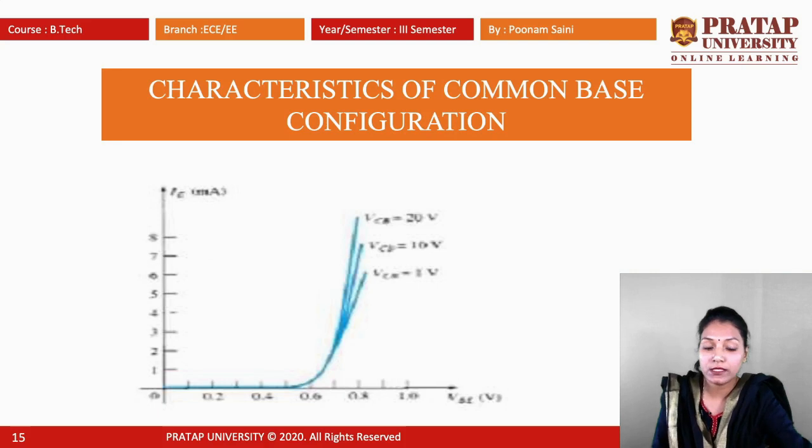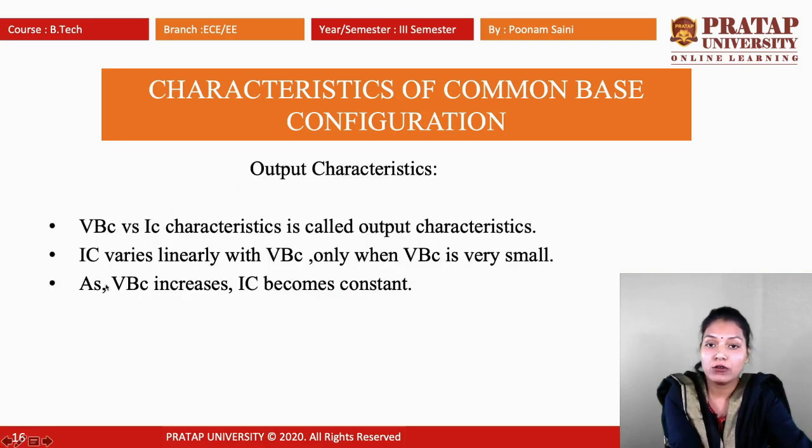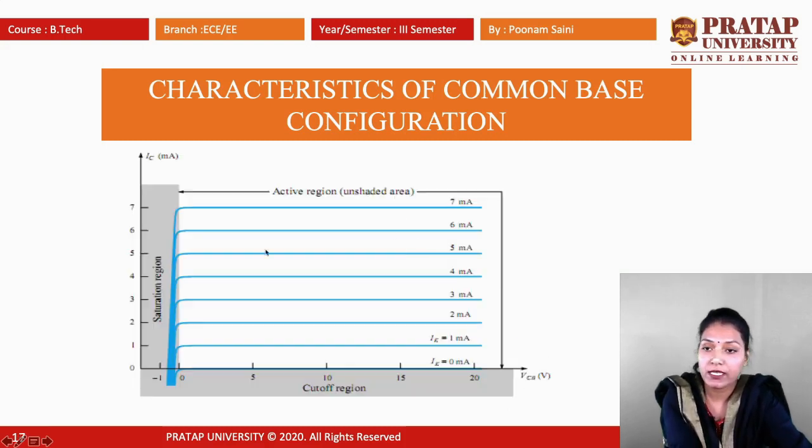So this is the common base input characteristic. Now the output characteristics: VCB versus IC characteristics are called output characteristics. When IE is 0, IC is negligible.